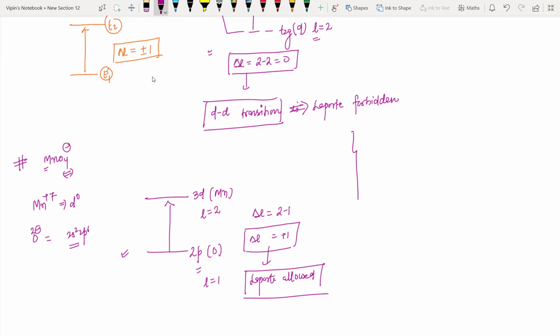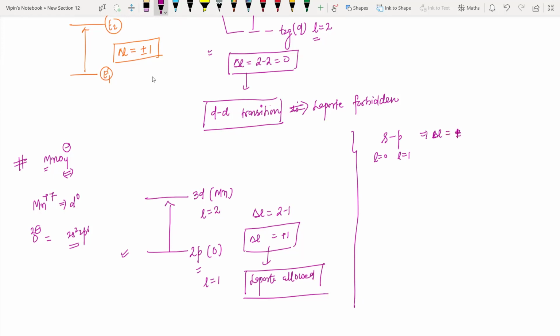Similarly, if we consider the transition from S to P, L value 0, a transition between two energy states, one state having the nature of S and another having the nature of P, then here delta L will be plus 1, right?